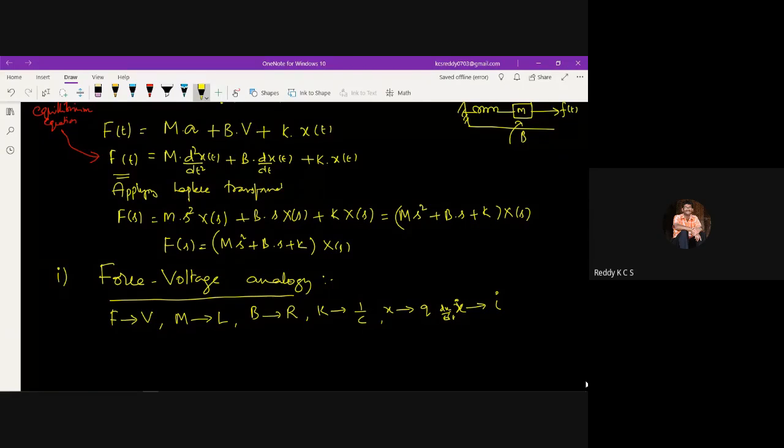By looking at this, I'll rewrite this equation.